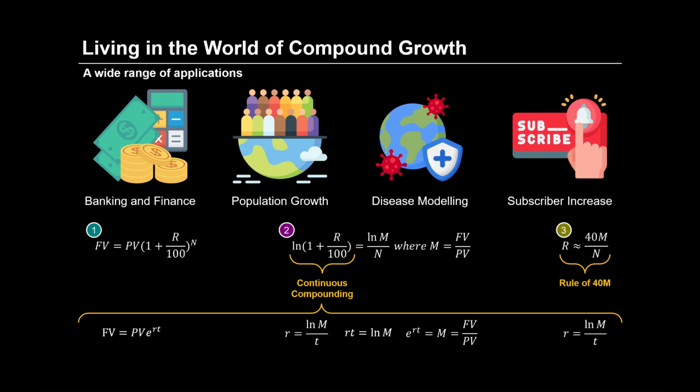And for continuous compound interest, we would not need a rule for estimation, because r in this case is just exactly log m over t. This is also one of the reasons why continuous compound interest is used in a lot of cases. It makes the calculation easier, and especially makes taking derivatives much easier.